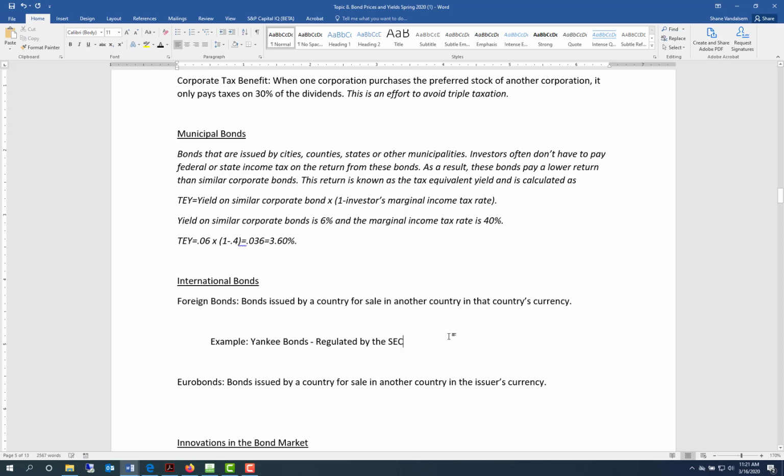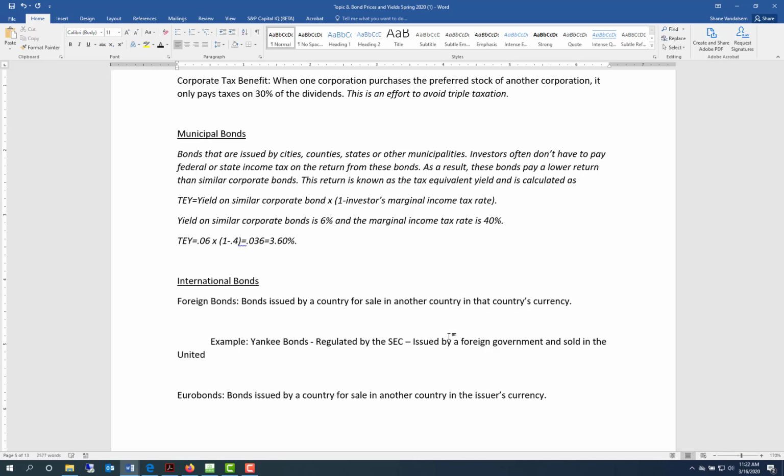A Yankee bond is a bond issued by a foreign government and sold in the United States and denominated in US dollars.